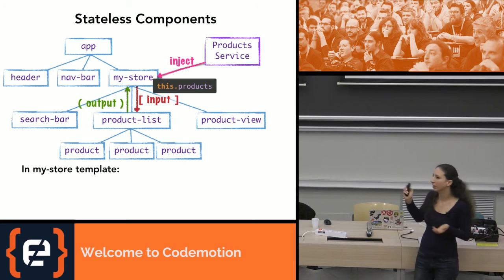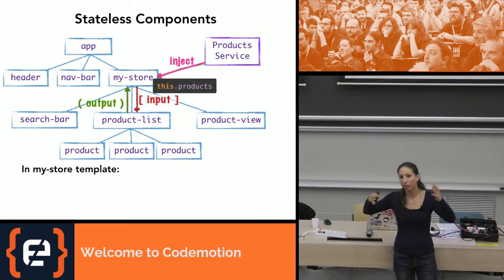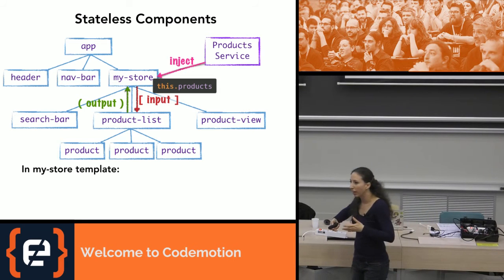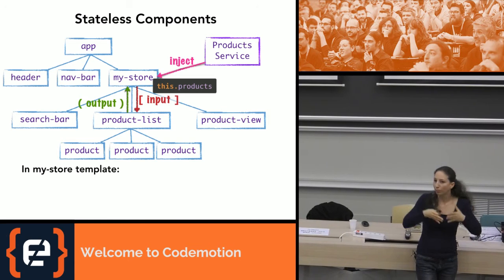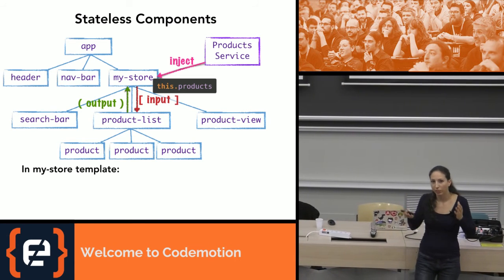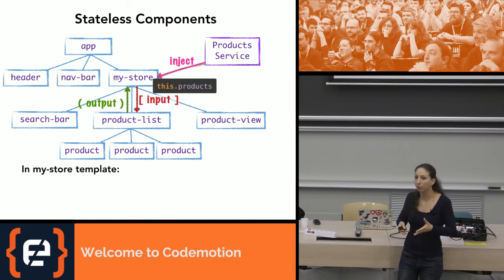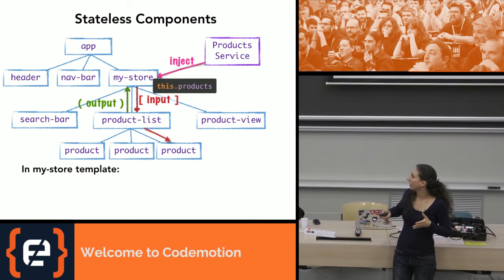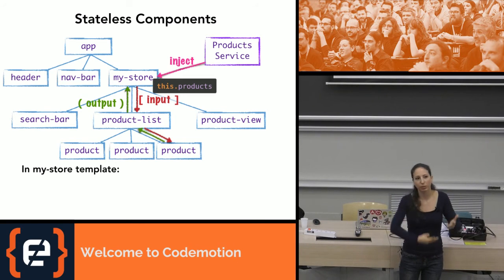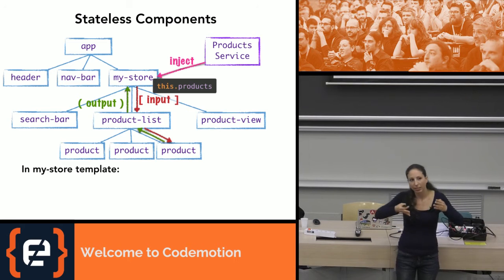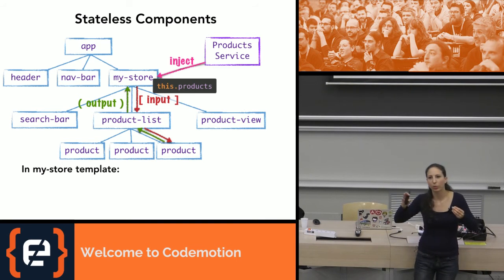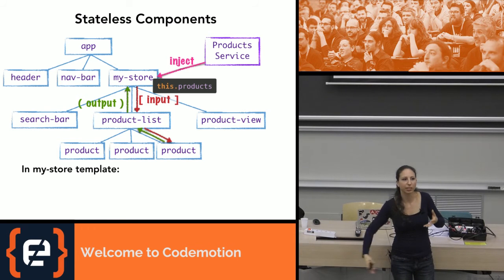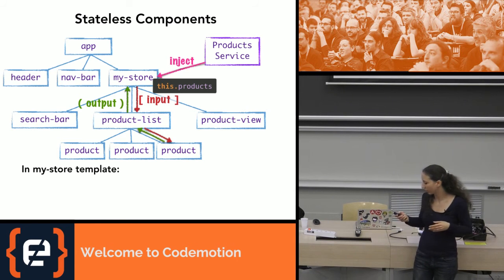Okay, so in this case, for example, my store holds all the products list, and it passes the list down to the product list component. It passes it down using input. And if there's any event, then it will be fired with output. And the data can pass on. Maybe the product list will take one of the products and pass it on to a product component.